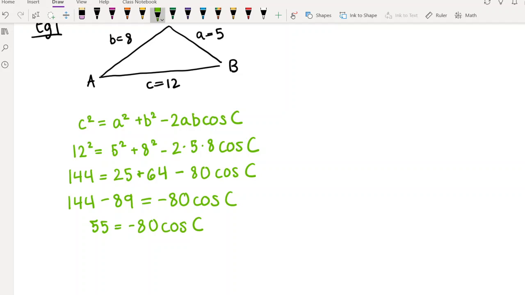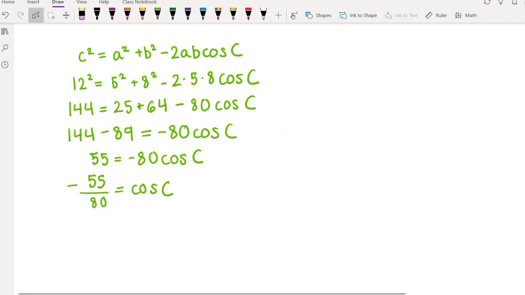And now we can divide both sides by negative 80. So we get negative 55 over 80 is equal to cosine of C. And I think that can be reduced, but we don't really need to worry about that.